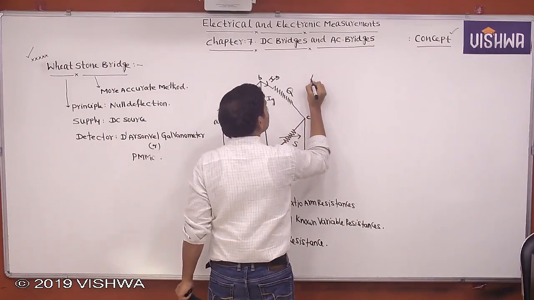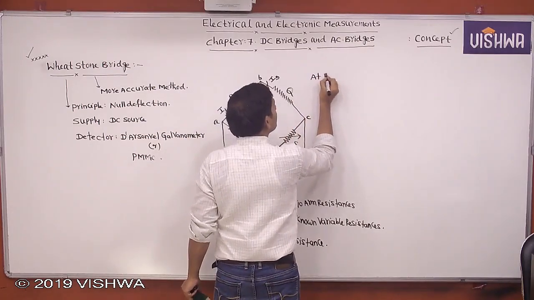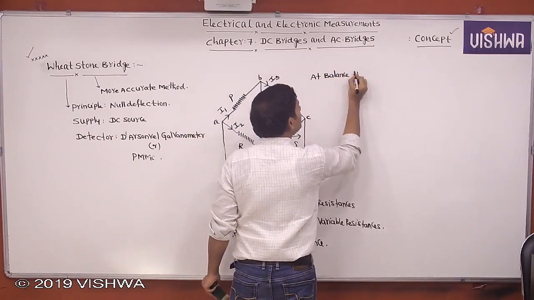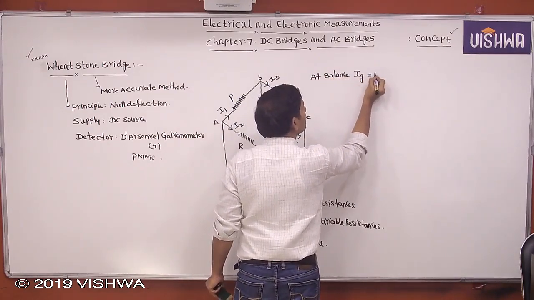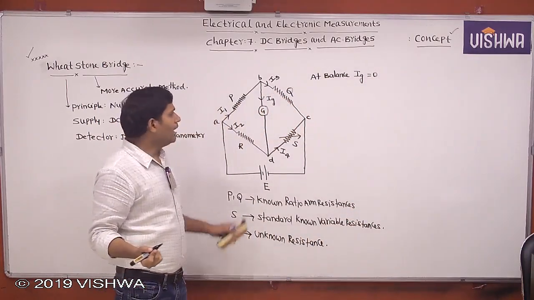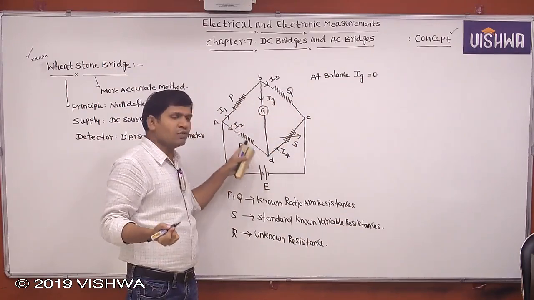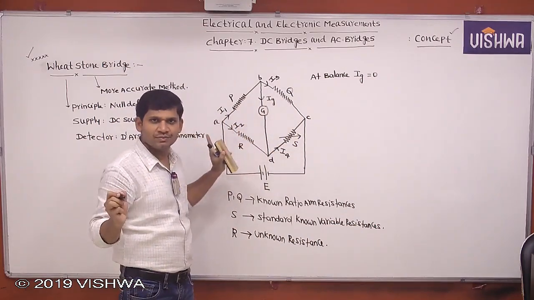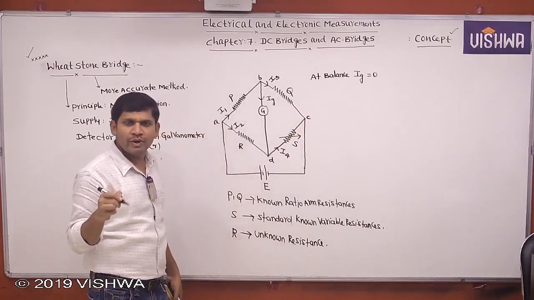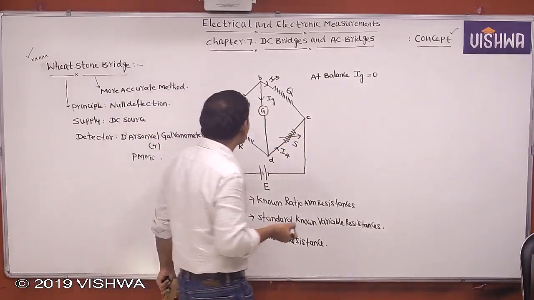Let at balance, the current through the galvanometer equal 0. With these values of resistances, we are assuming the bridge is balanced, so the galvanometer current is 0.